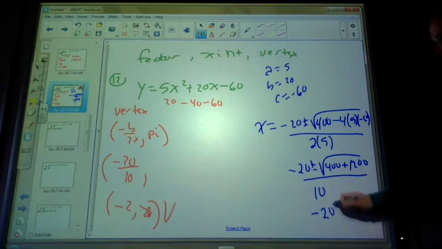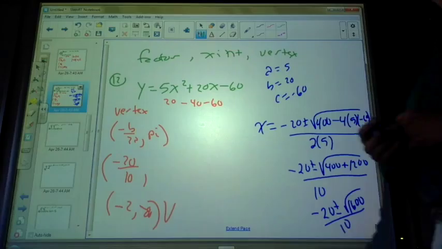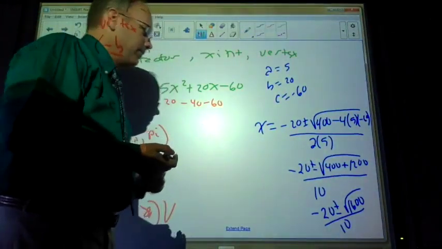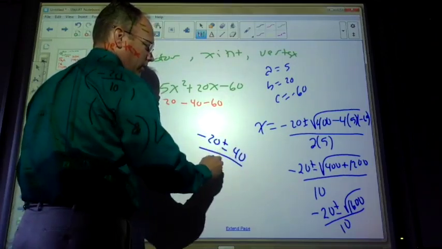So negative 20 plus or minus the square root of 1,600. Does anyone know the square root of 1,600? Find it on a calculator. 40. So negative 20 plus or minus 40, all over 10.